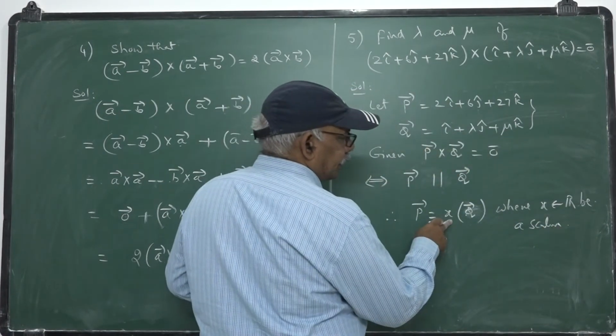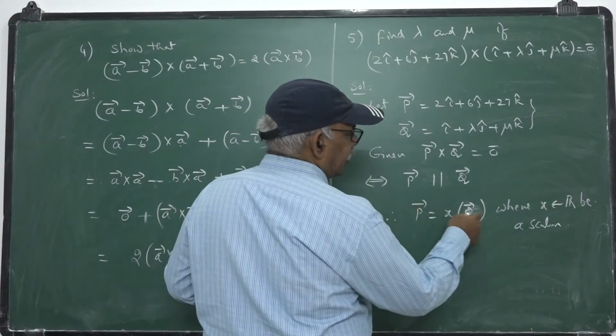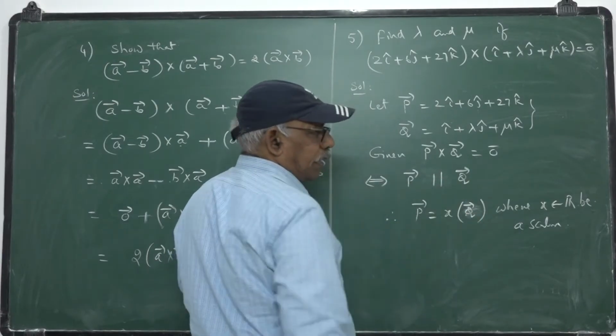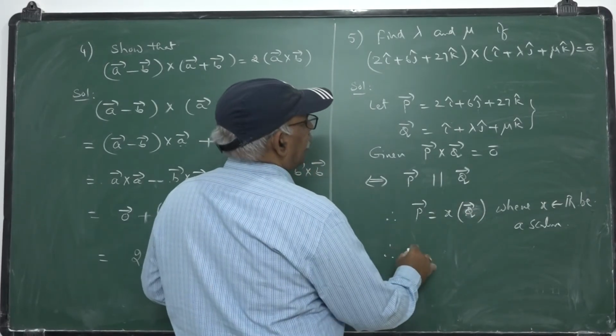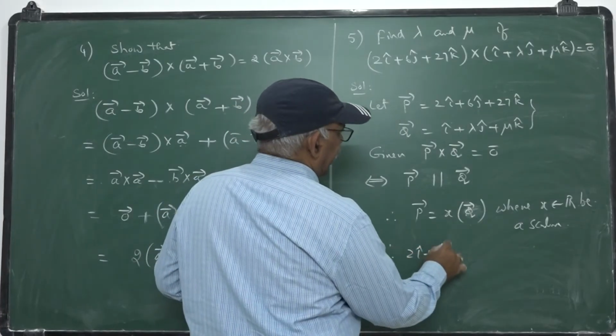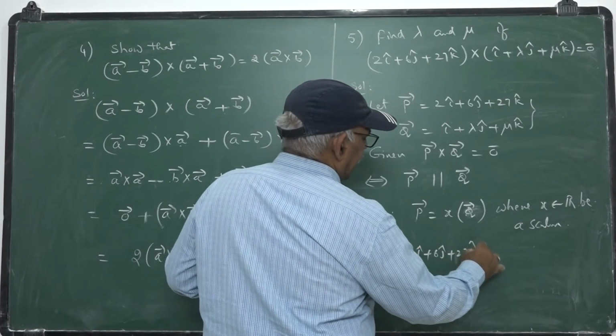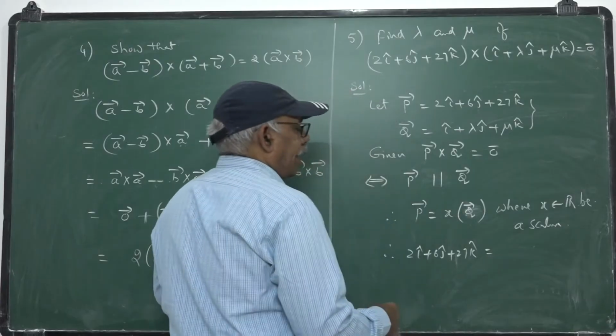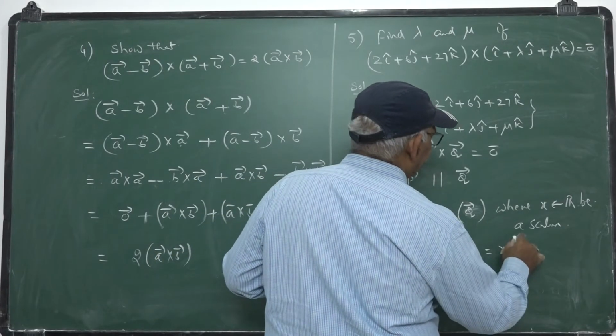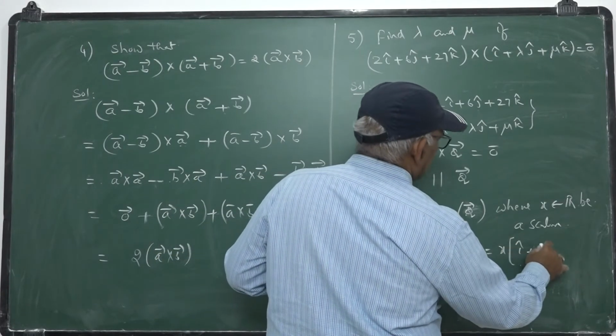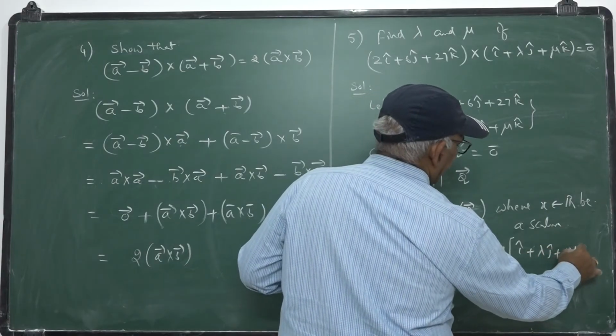Certainly there exists a scalar x such that P bar equals x times Q bar, once P is parallel to Q bar. Therefore 2i plus 6j plus 27k equals x times (i plus lambda j plus mu k).